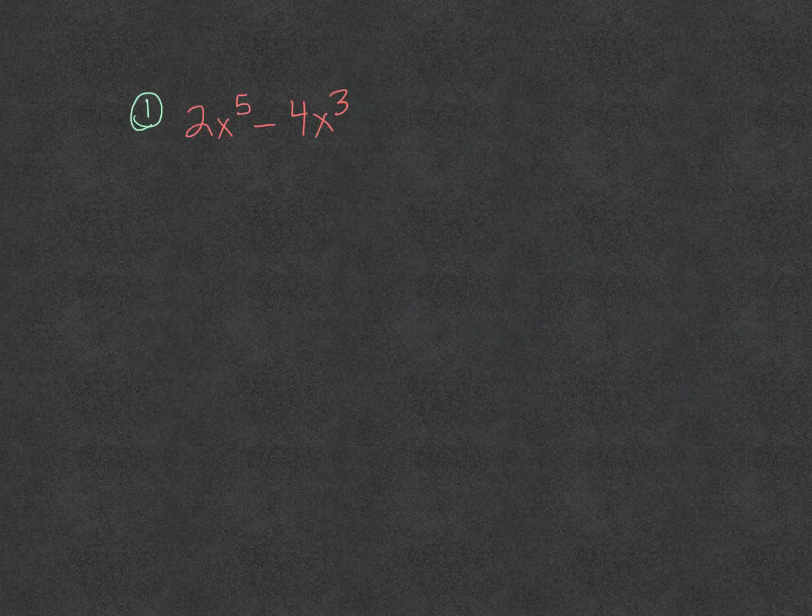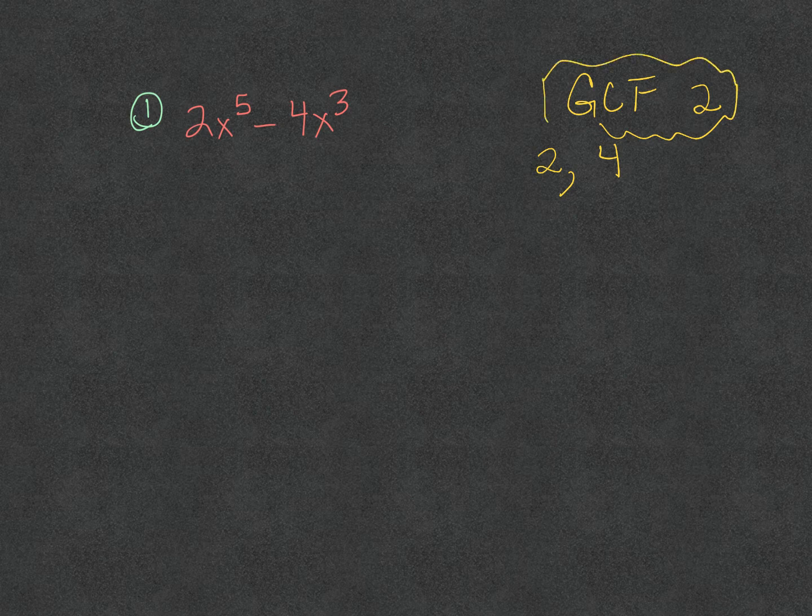All right, so our first one here is 2x to the 5th minus 4x to the 3rd. And the first thing I'm thinking in my mind is I need to look for a greatest common factor. And if I look at my coefficients, I have a 2 and a 4. So the greatest common factor here is going to be a 2.